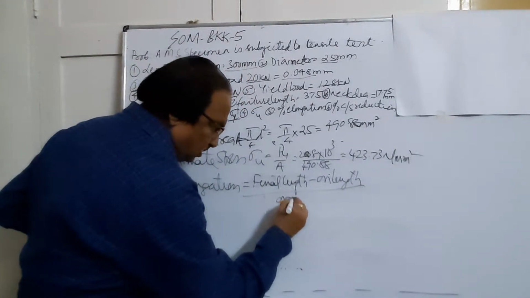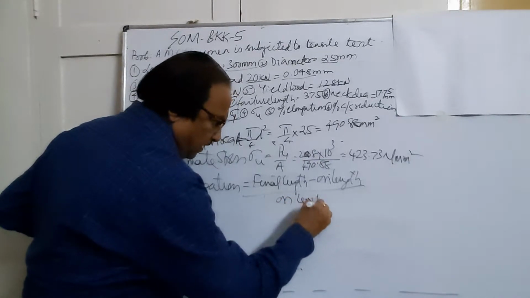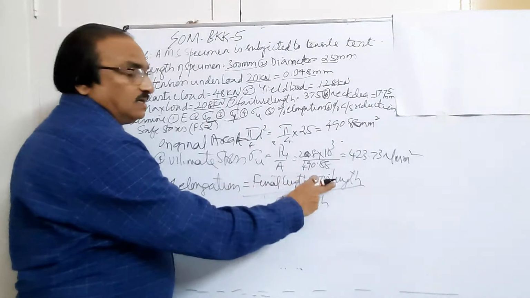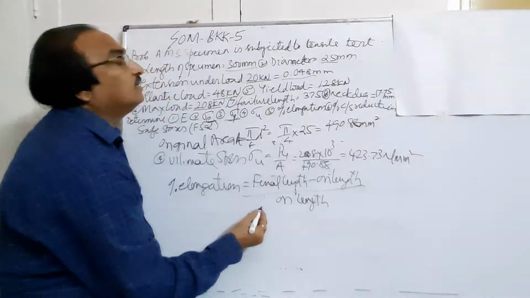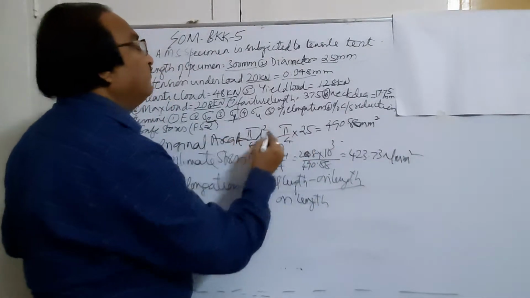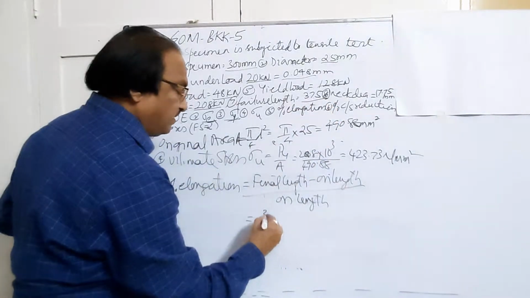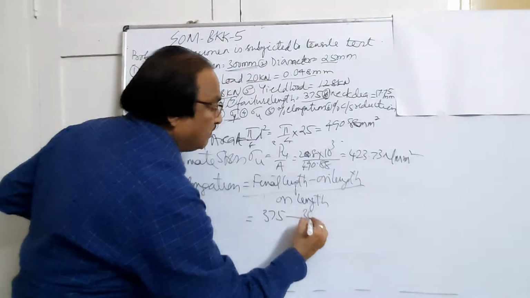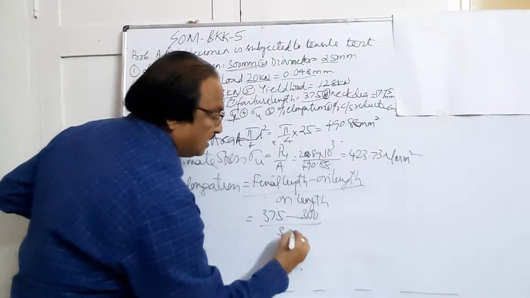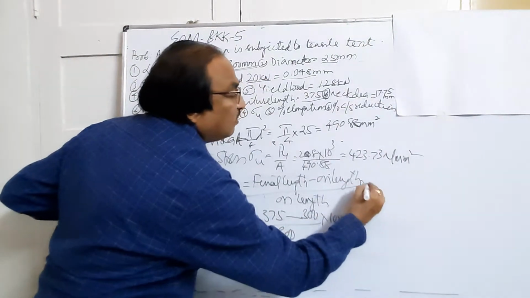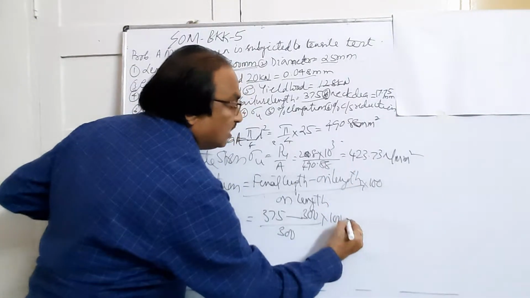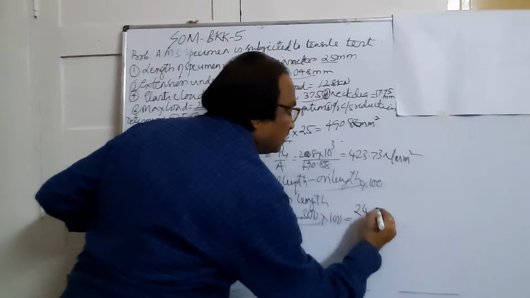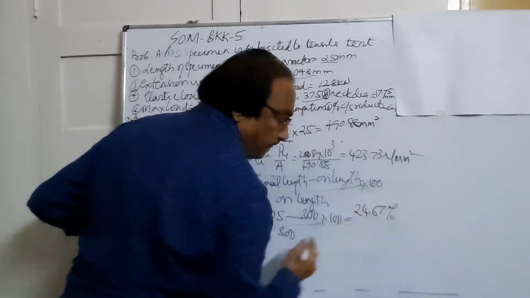The final length, the failure length, is 375 and the original length of the member is 300 mm, so divided by 300 into 100. We always write it in terms of percentage. So the percentage elongation you find is 24.67 percent.